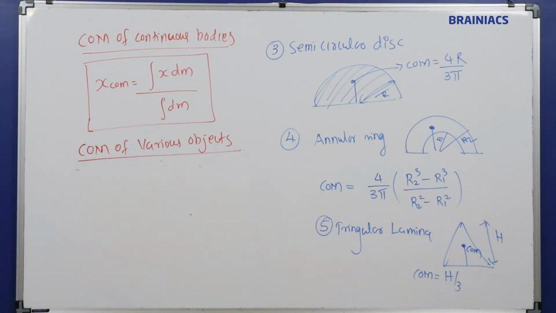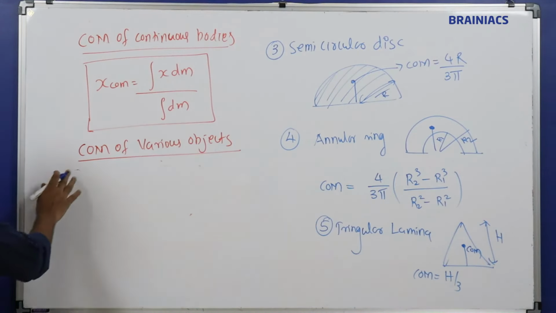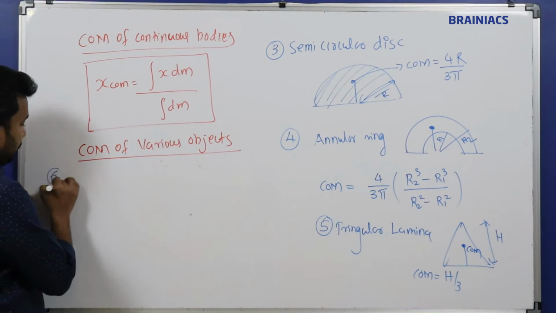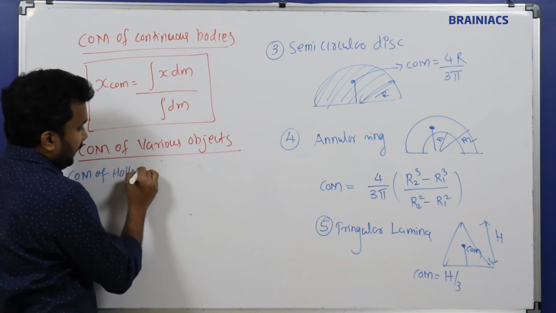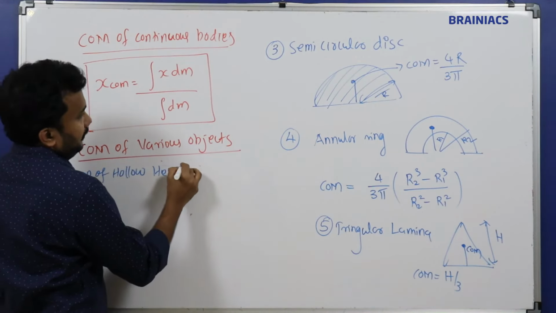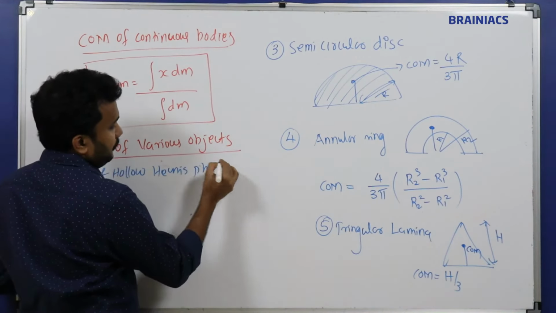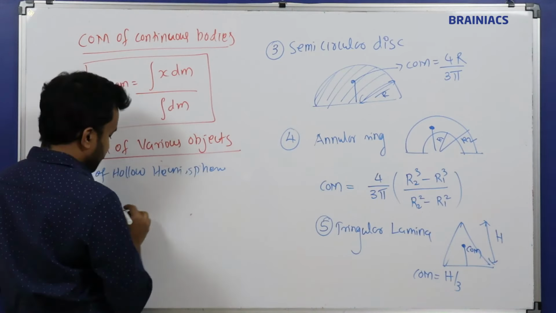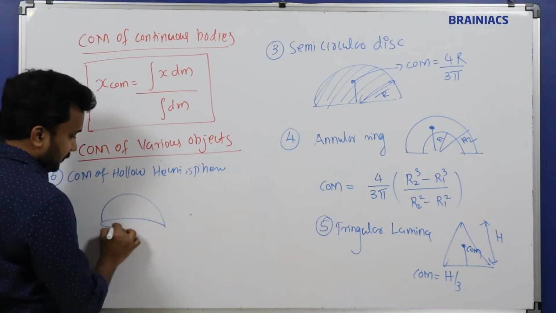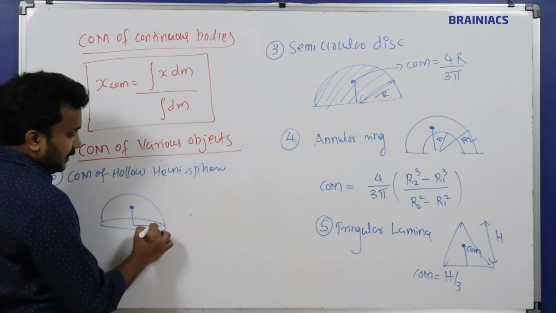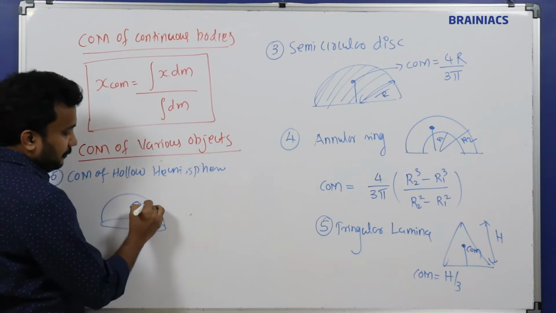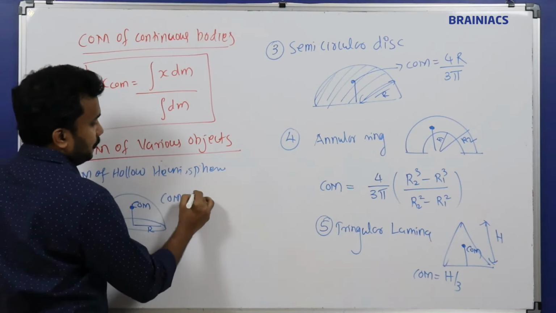Hollow hemisphere means like this, inside it is empty. The radius is r, and this is the center of mass. Center of mass equals r by 2.